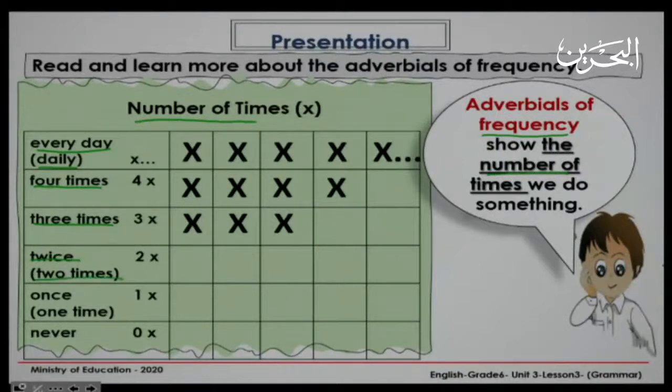We have here twice or 2 times. It means you do this activity 2 times. Again, you can say 2 times a year, a month, or a week. The last one, once, or you can say 1 time. And the end we have never. It means you don't do this activity at all.